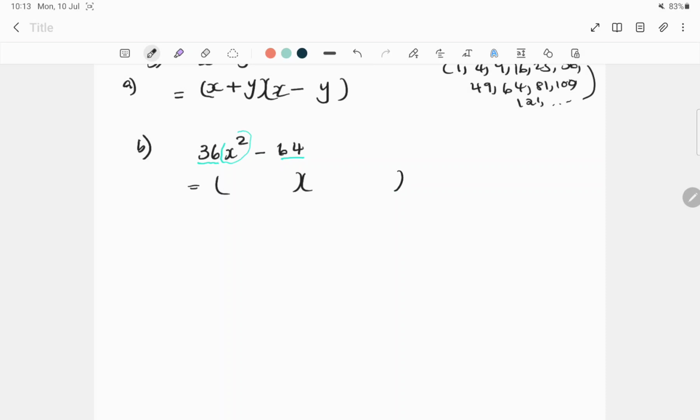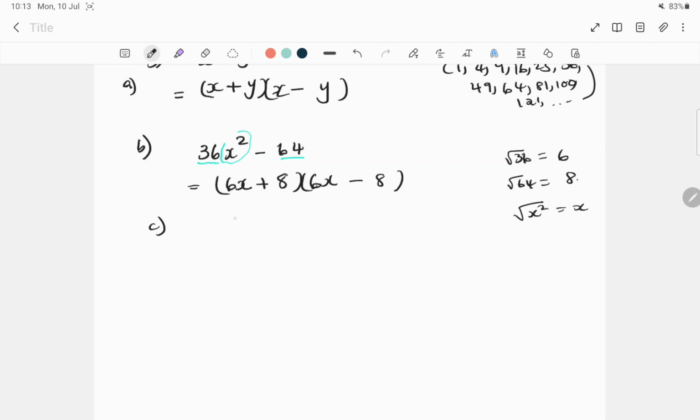Then you find the square root of 36 in your calculator. The square root of 36 is 6. The square root of 64 is 8. The square root of x squared is x. So be careful of that. So it's going to be 6x, and then that one will be only 8. You also write it that side, 6x, 8. Then you write plus and minus.